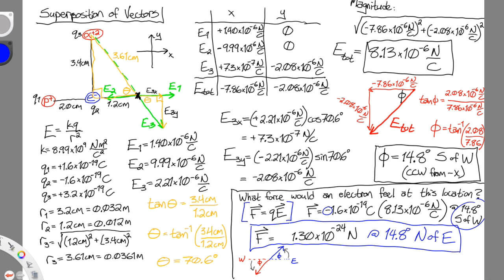calculated. One small note, if you're doing south of west, east of north, things like that, you just flip both of them. South becomes north, west becomes east. If you're doing the counterclockwise from negative x stuff, you keep the counterclockwise as it was, but you just flip the negative x to a positive x.